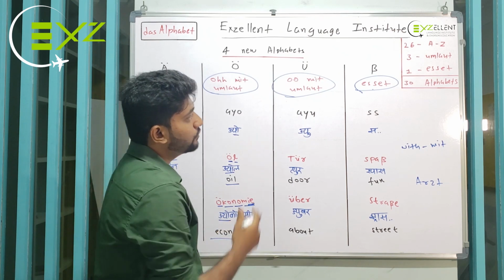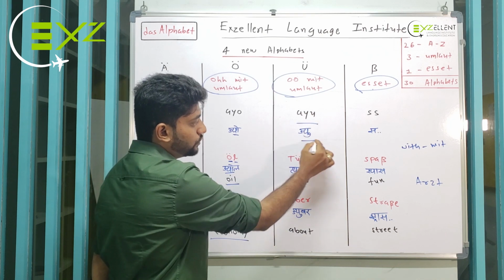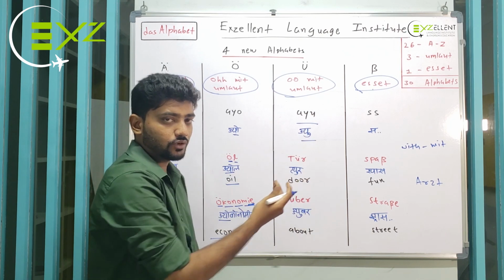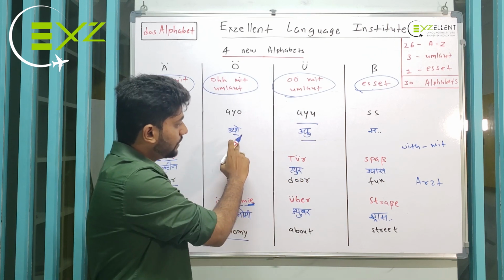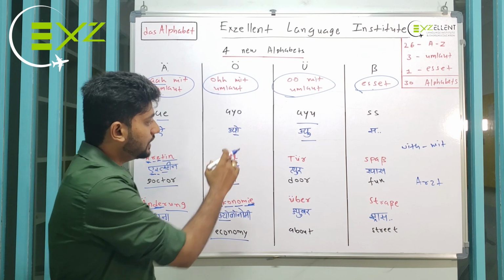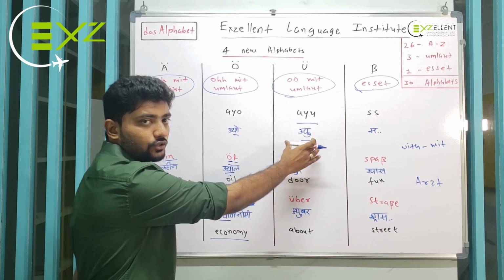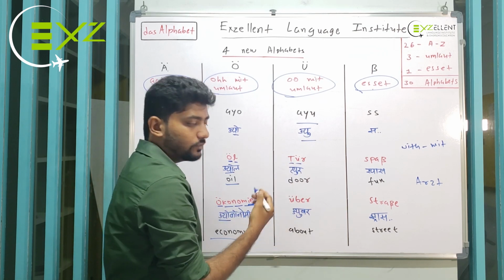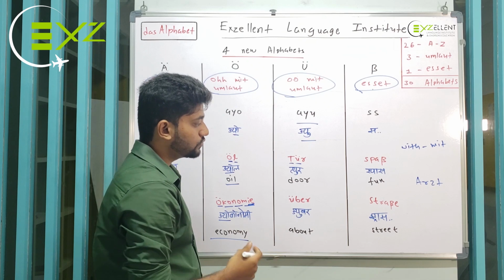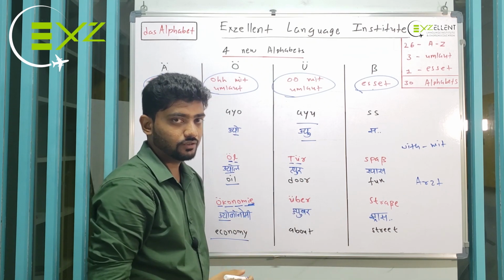Now let's talk about U mit umlaut. Pronunciation is U. We have written here U, but the pronunciation like Y is not that much. Here as well, Y we will not pronounce completely in both of these. This will be yo, and this will be U. So here T plus U mit umlaut, it will be Tür.